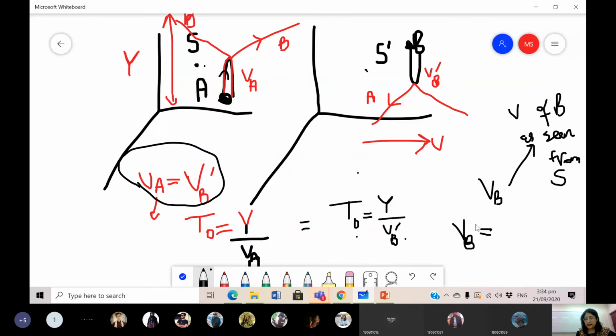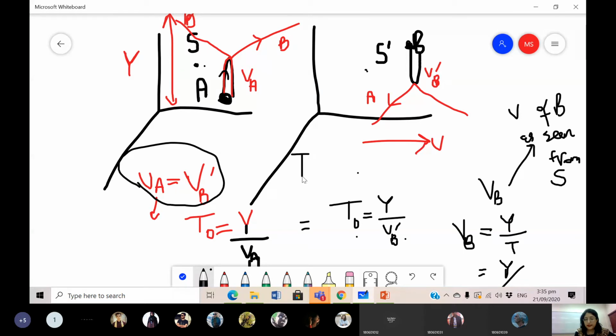But what I'm saying here is that now we want to know the velocity of B as seen from frame S dash. So that is going to be equal to y divided by t, which is a time which is dilated. We know that it will be time dilated, right? Because it's moving in this direction, we did this before in a previous example, वो time dilate हो जाता है ना, because of its movement in this direction. So what is t?